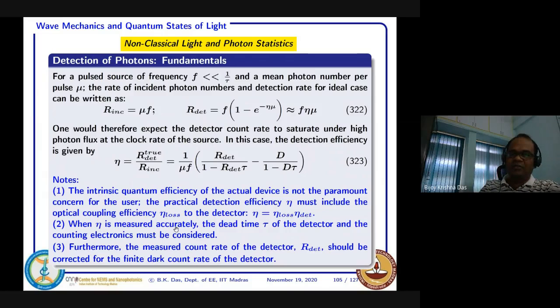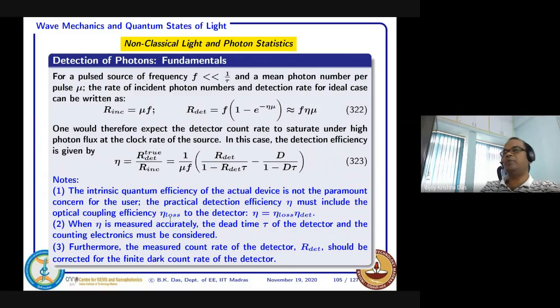So that loss, if you convert it, suppose 90% is overlapping to the photodetector with the beam, then your eta loss will be 0.9, for example. Okay, if it is 80%, then it will be 0.8. So in that case, the overall efficiency of the system, including coupling, you should multiply eta loss times eta detected, whatever it is, efficiency or quantum efficiency.